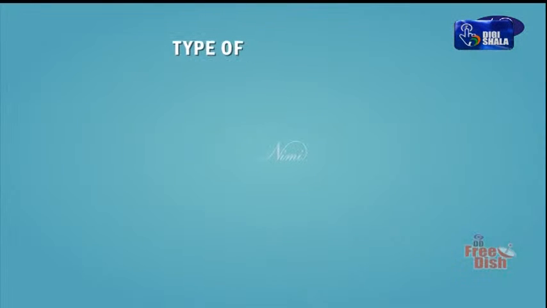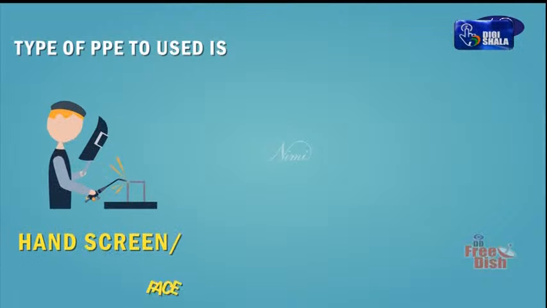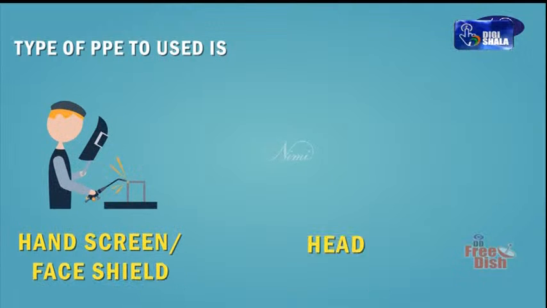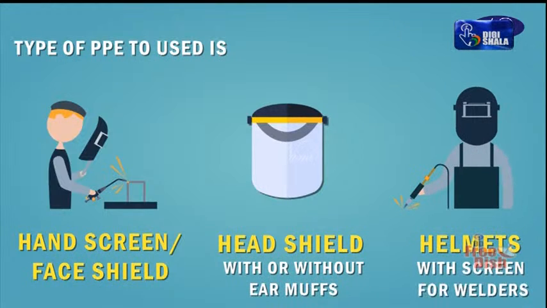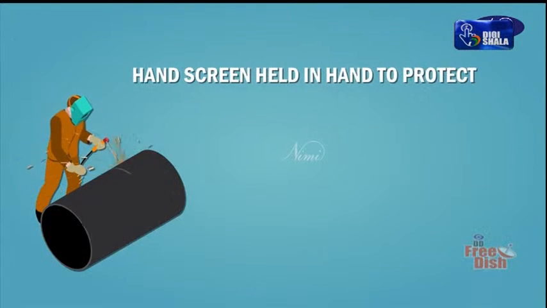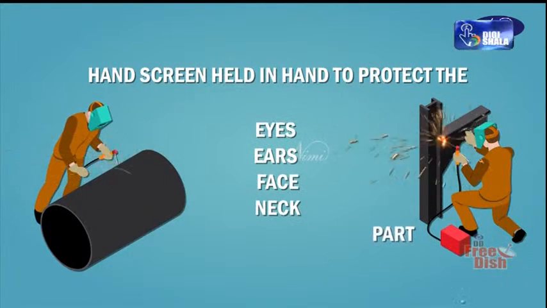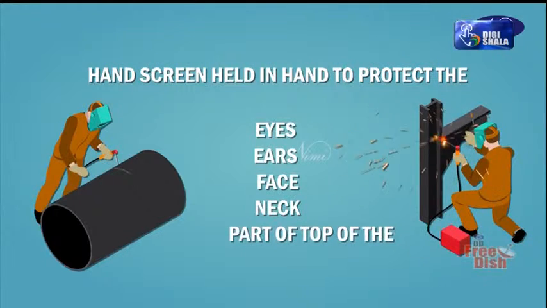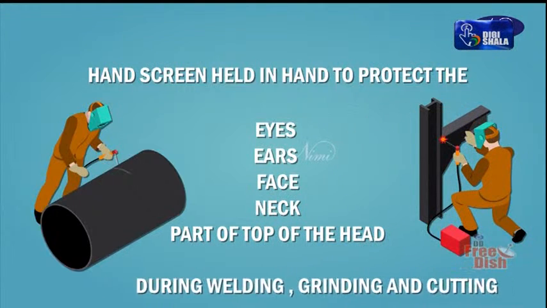The type of PPE used are hand screen or face shield, head shield with or without ear muff, helmets with screen for welders. A hand screen, held in hand, provides protection to eyes, ears, face, neck and part of the top of the head during welding or grinding and cutting processes.